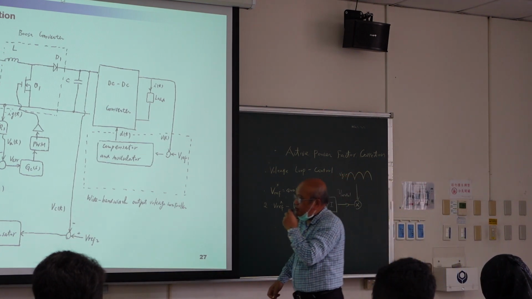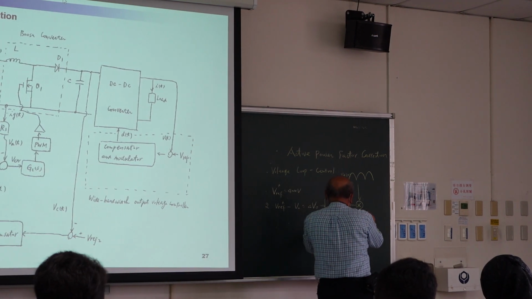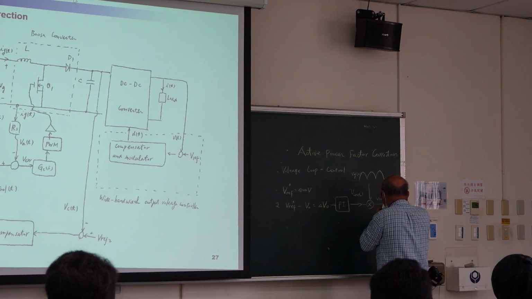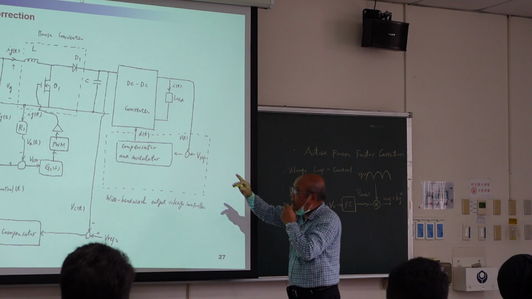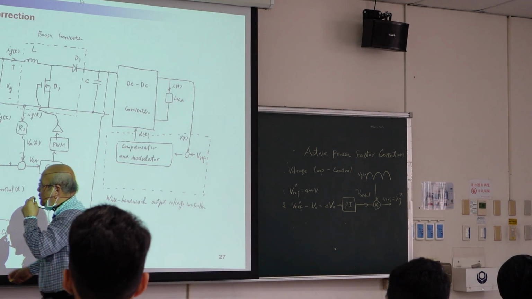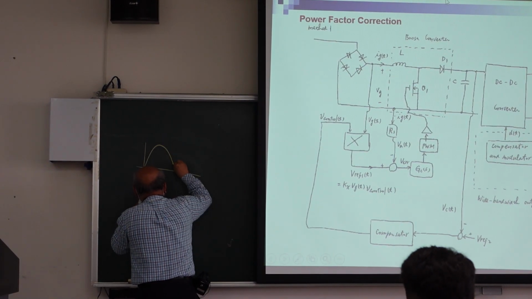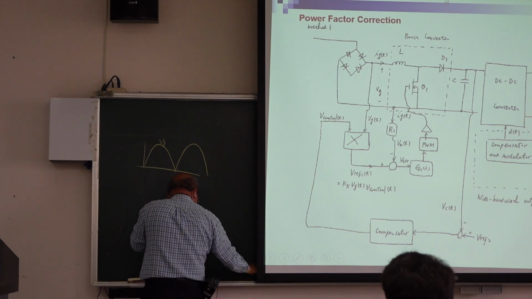And then we can generate V reference. So this is V reference. V reference is equal to IG star. So this is desired IG. So what is IG star? So we have VG here. This is VG. What is IG?